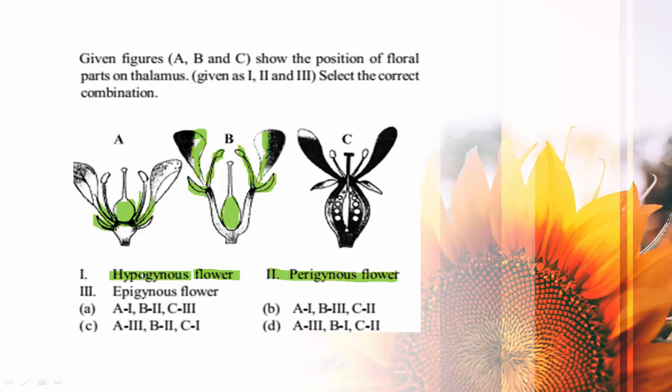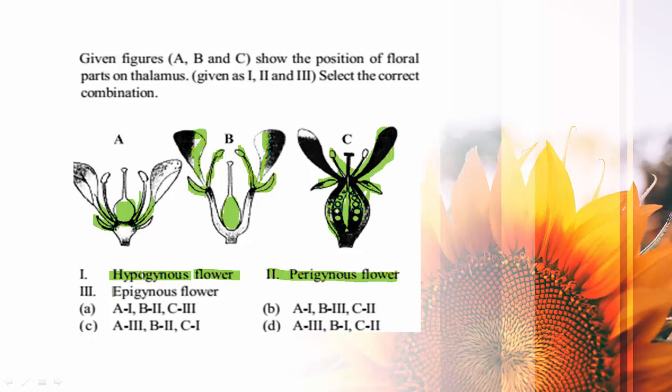And here, the ovary is completely located inside the thalamus cup, and the calyx, corolla, androecium parts are located above the ovary.